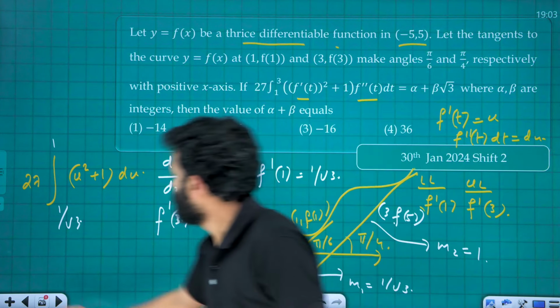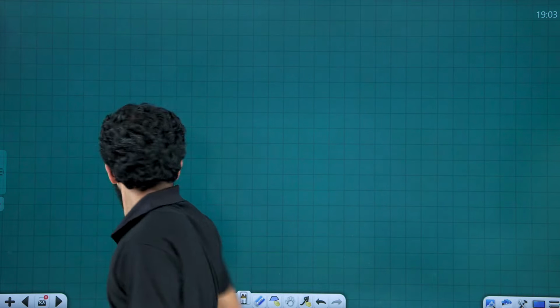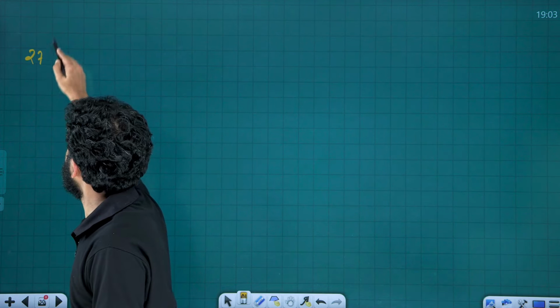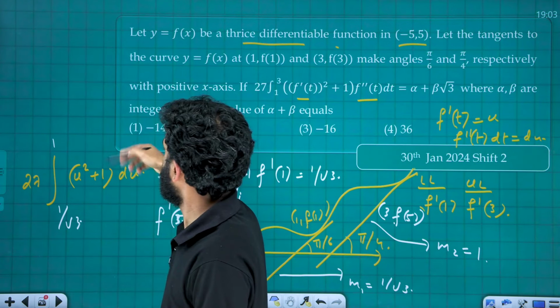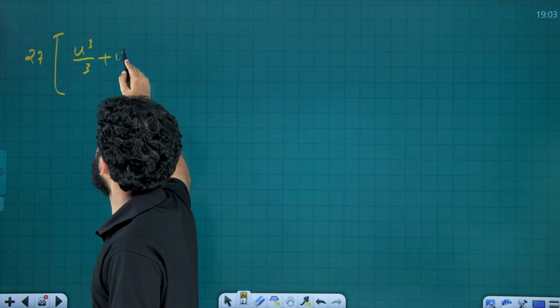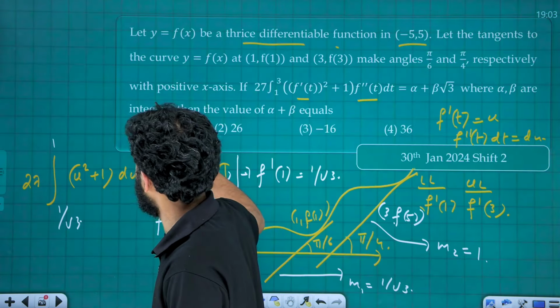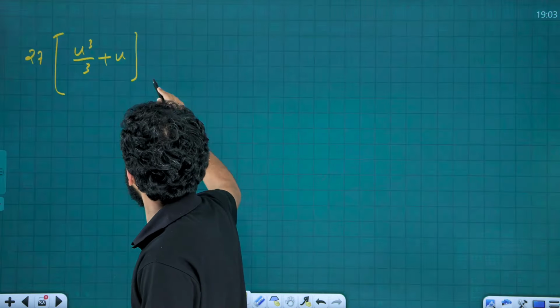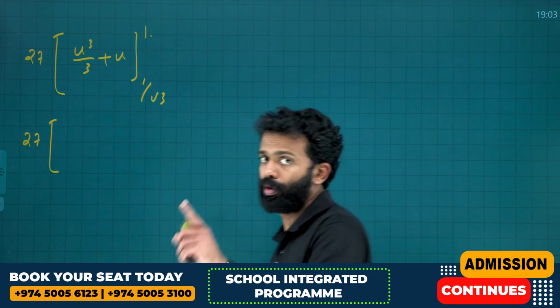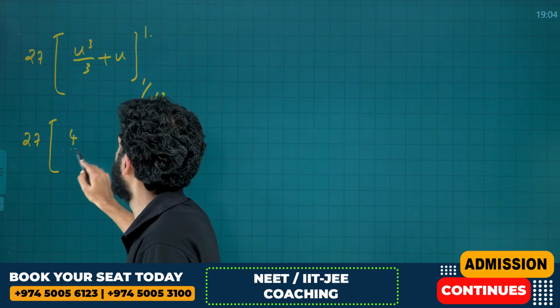It's easy then. Therefore, it will be 27 into u cube by 3 plus u. Okay, and the corresponding values are 1 by root 3 to 1. That is 27 into 1 by 3 plus 1, which is 4 by 3.